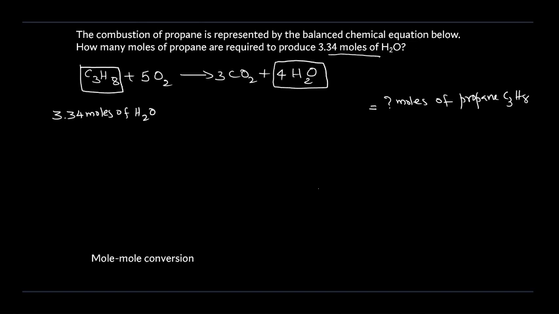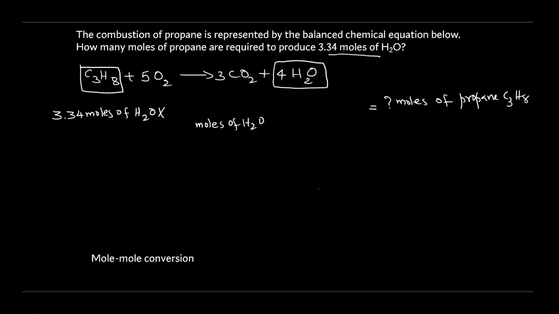Now I will arrange the conversion factor in such a way that moles of water will cancel and I should end up with the moles of propane in the numerator. So I will arrange the moles of water in the denominator first.